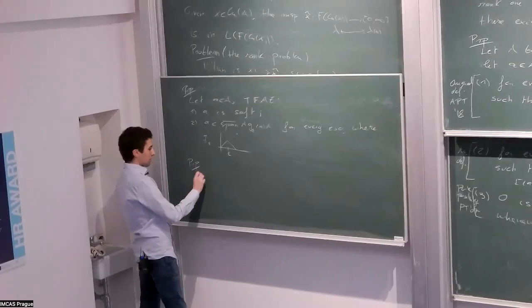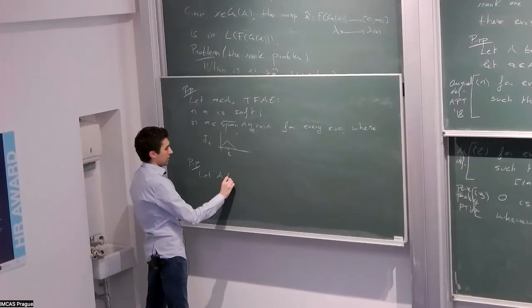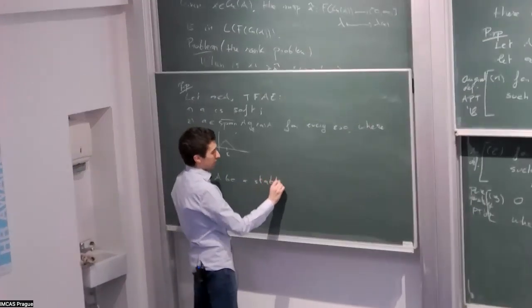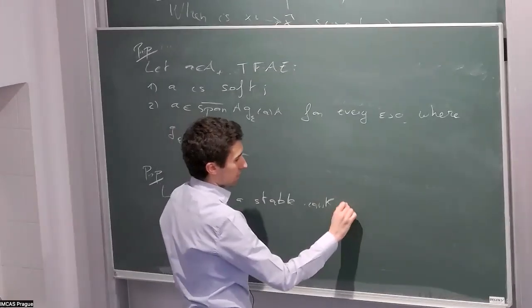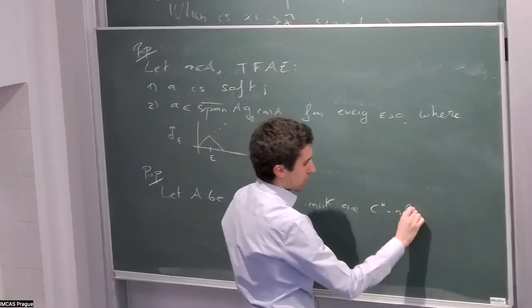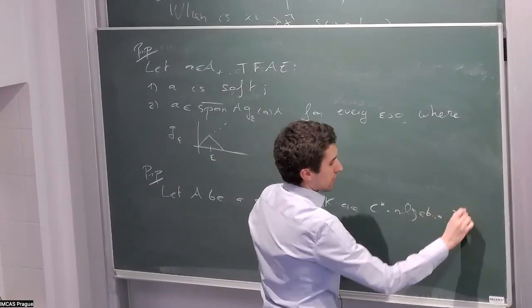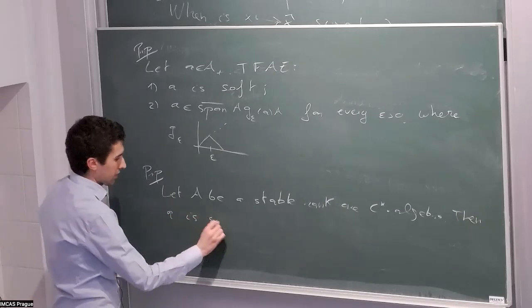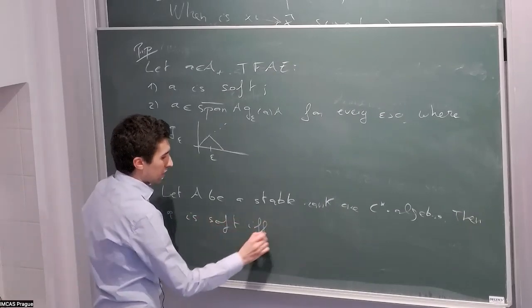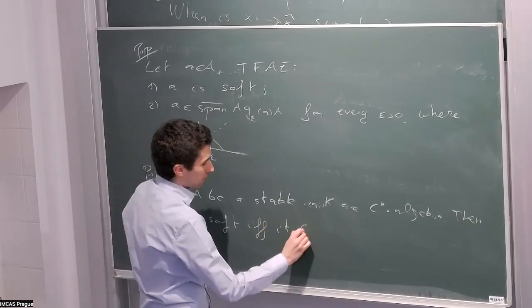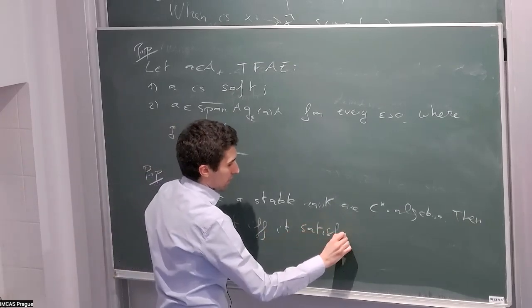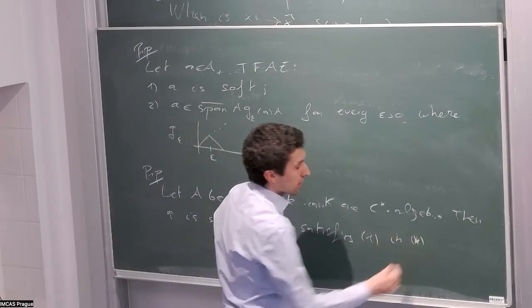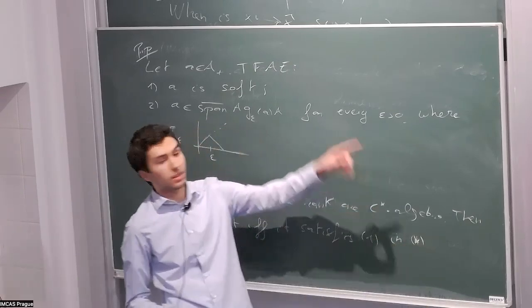So if you have a stable rank 1 C-star algebra, then an element A is soft if and only if it satisfies one in the proposition, and I should have put "if and only if" in the proposition.